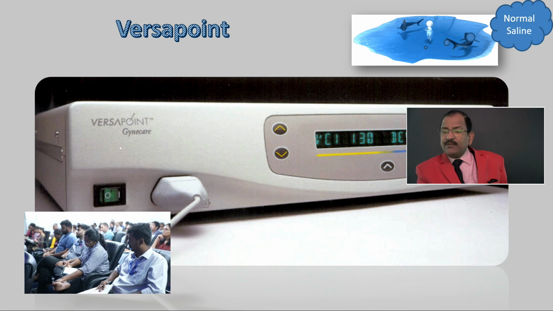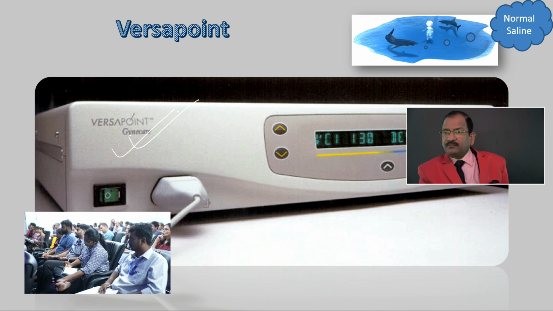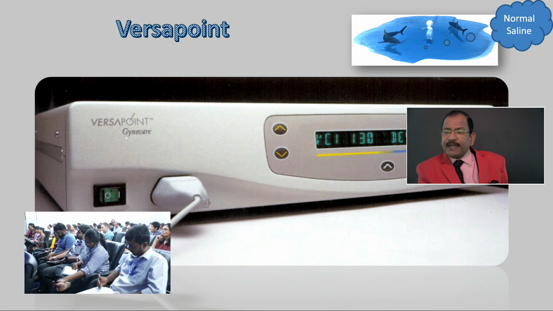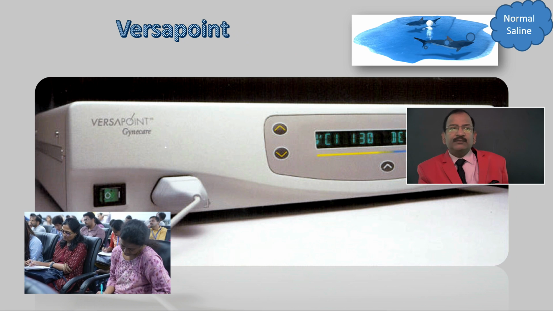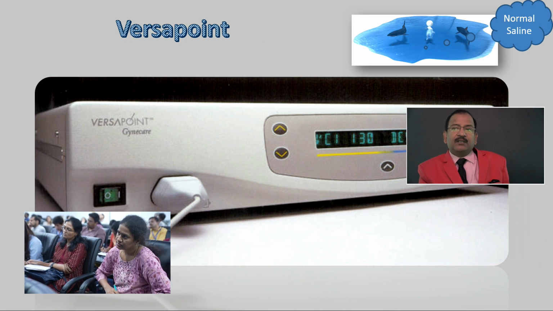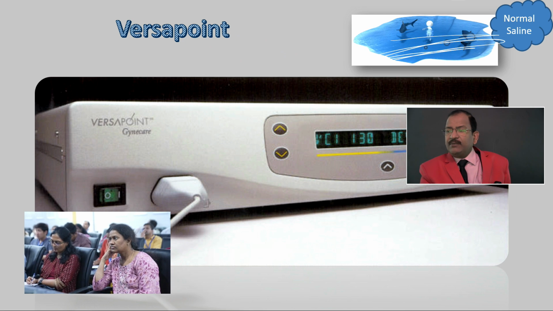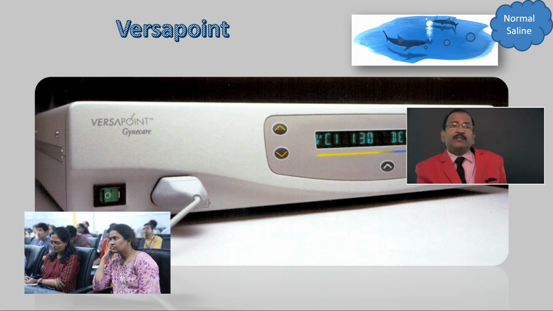So you can buy Versapoint. Versapoint is made by Gynecare, which is a division of Ethicon. It is a bipolar resection generator. If you use it, you have to use normal saline, which is compatible with life. You don't have to use glycine.